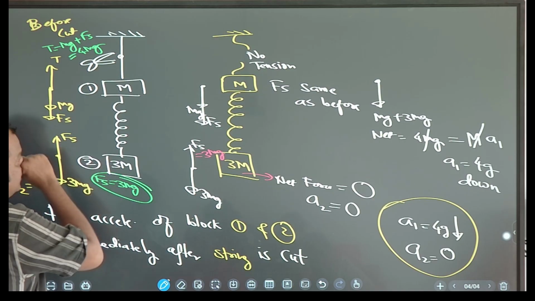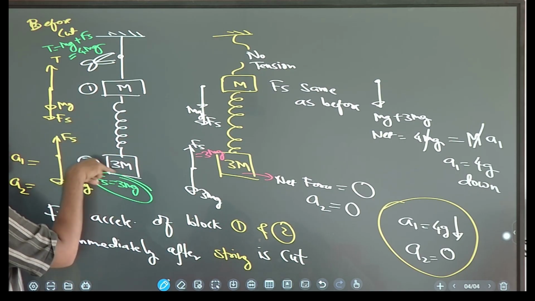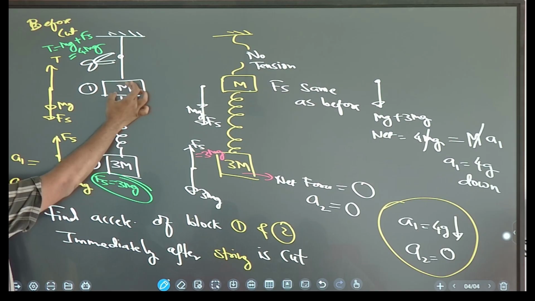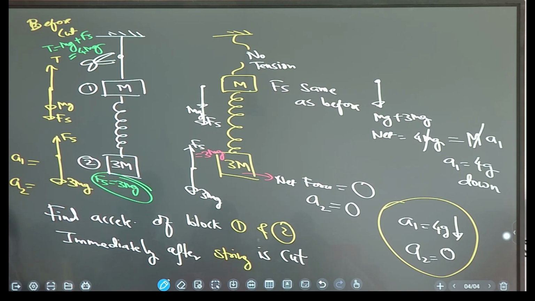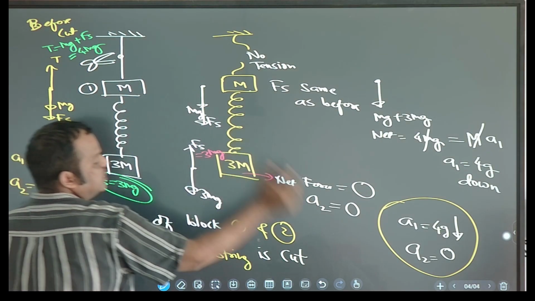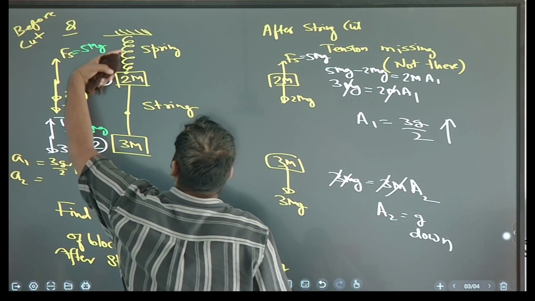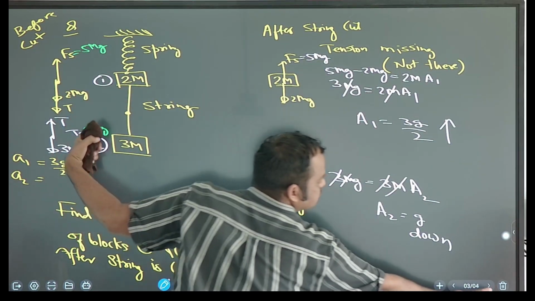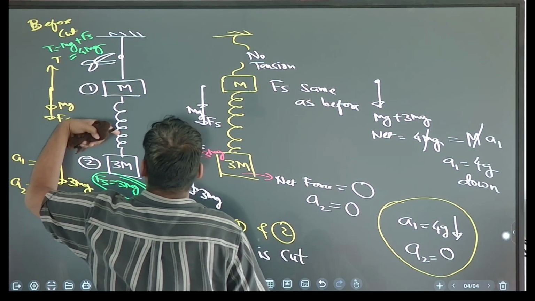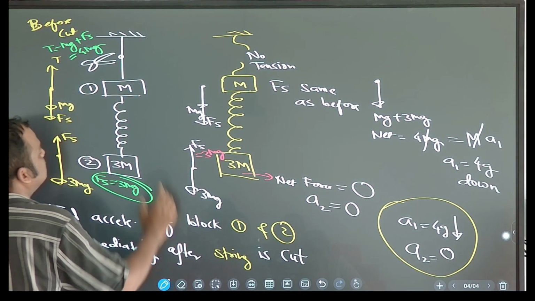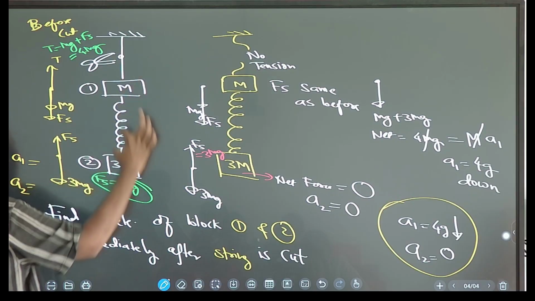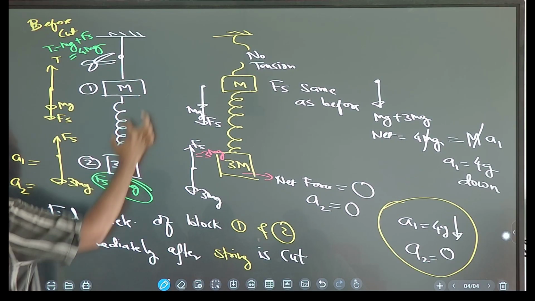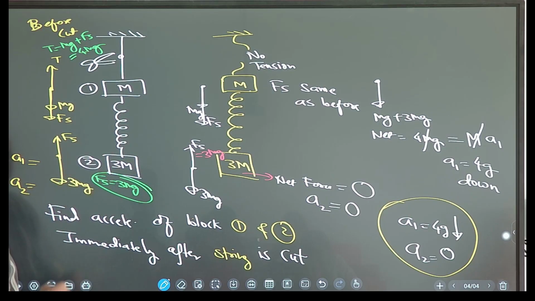Now you solve the same question, interchange the masses. Take 3m here, m here, and solve. In the previous question, it was string, spring, m, 3m. Now the next question, 3m, m.